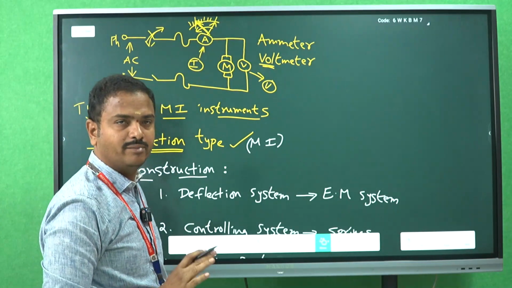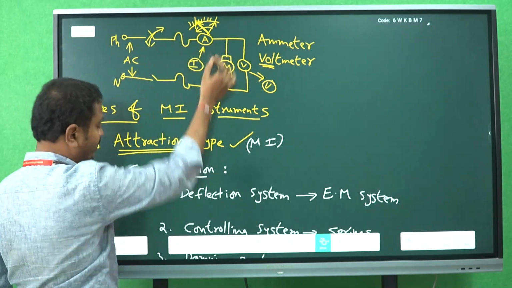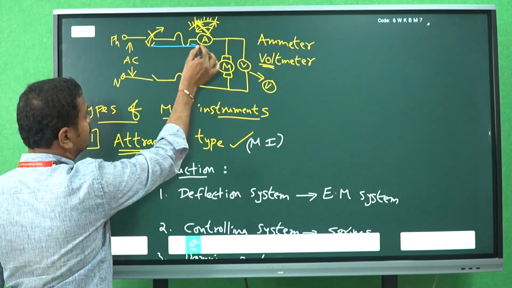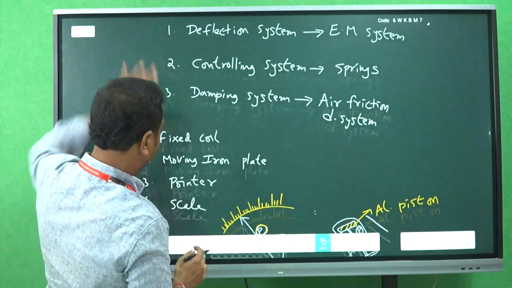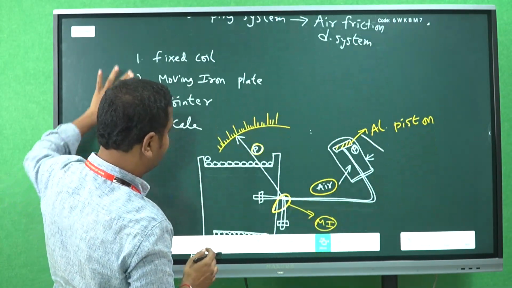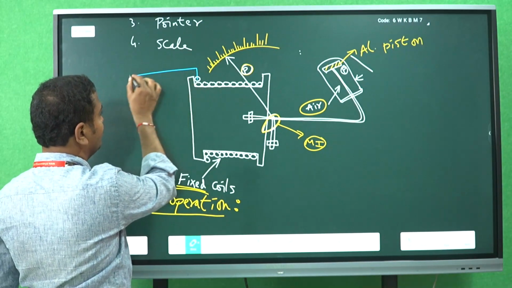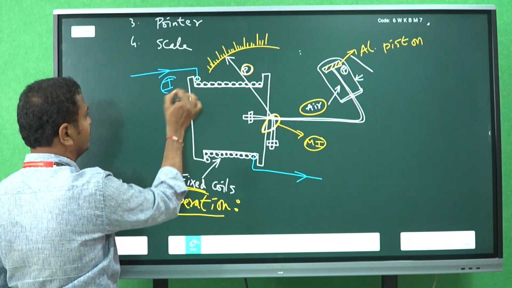Whenever the ammeter is connected, a current will be flowing through the ammeter. Clear? Originally the current will be flowing through the fixed coil. This is the current value.